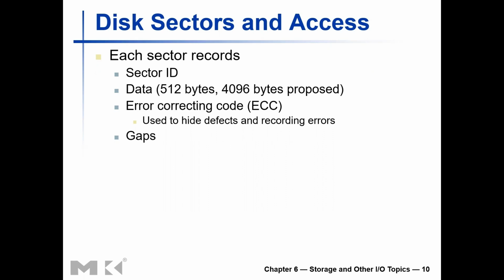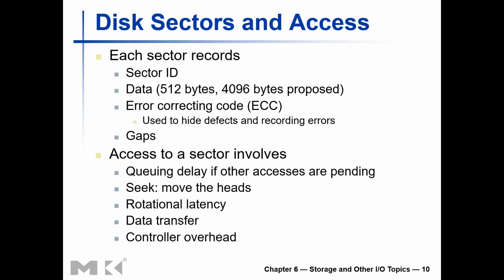So each sector records the sector ID and the data size, that is how much you can store in a sector, which can be 512 bytes to 4096 bytes. And we will also store the error correcting code used to hide defects and recording errors. And there may be gaps in the sectors because there could be some unused spaces, right?